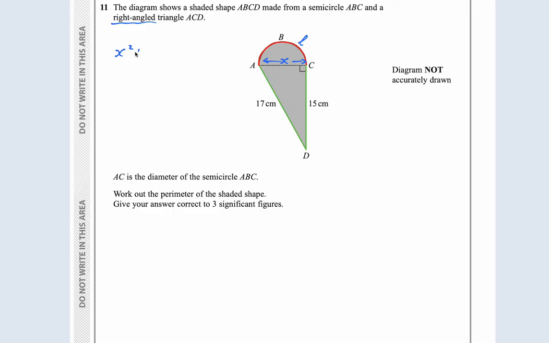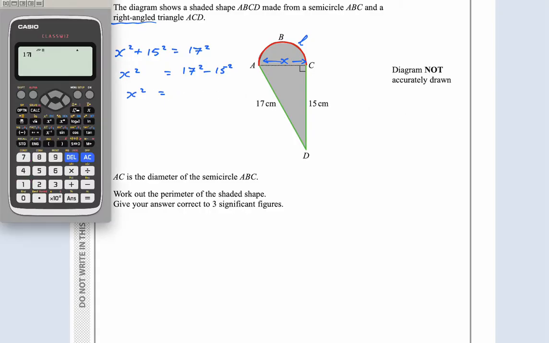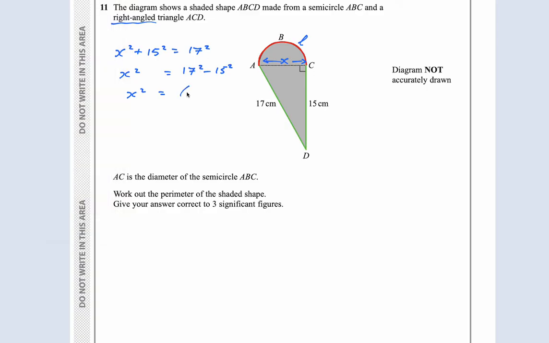So x squared plus 15 squared equals 17 squared. x squared equals 17 squared minus 15 squared, which is 64. Oh, this is actually a nice triangle. x squared is 64, which means x is 8. So this length here is 8.